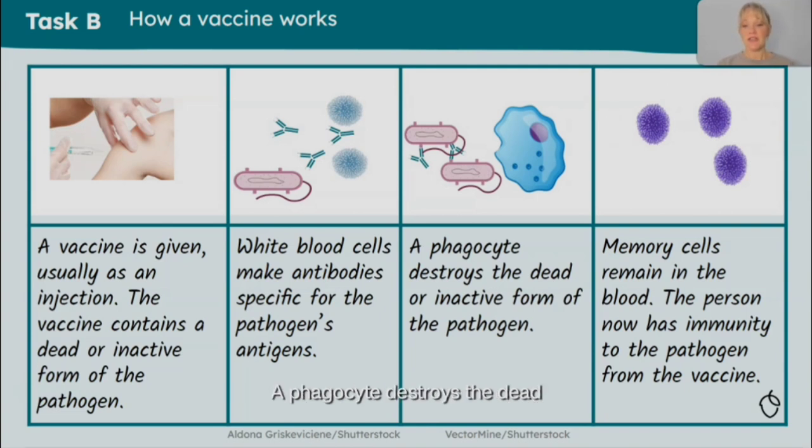A phagocyte destroys the dead or inactive form of the pathogen. That's our other type of white blood cell there. And finally, memory cells remain in the blood. The person now has immunity to the pathogen from the vaccine. So I hope you've got all of those down, but do feel free to write any extra into your boxes now.